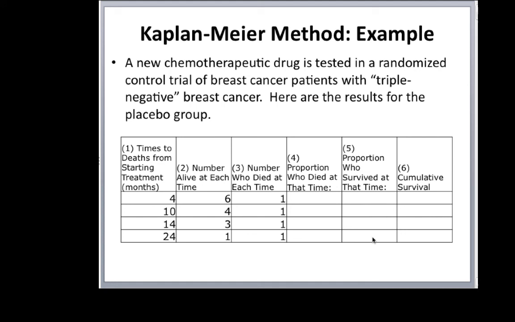So it's just 1 times this first proportion who survived, 0.833. Okay, then how about the cumulative survival after 10 months? 0.833 times 0.75. Exactly right. Which is equal to 0.625.